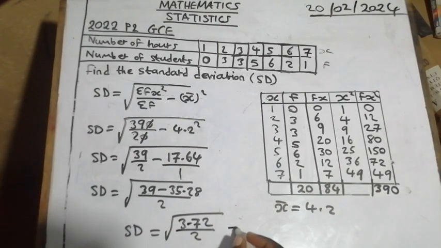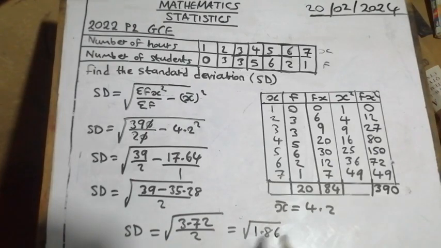So now the standard deviation will be equal to, we have to divide 3.72 by 2, which is equal to 1.86.